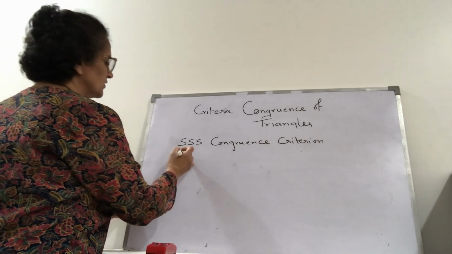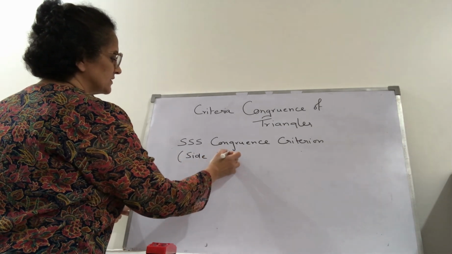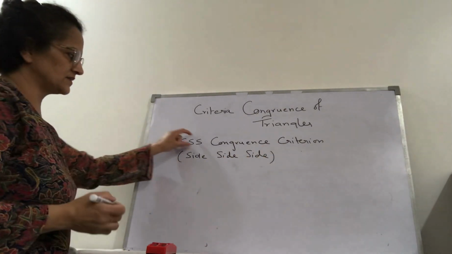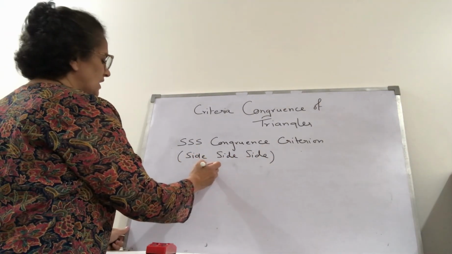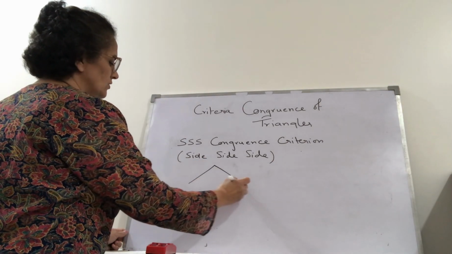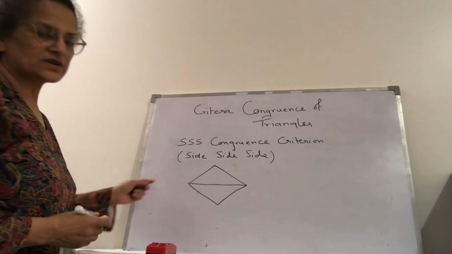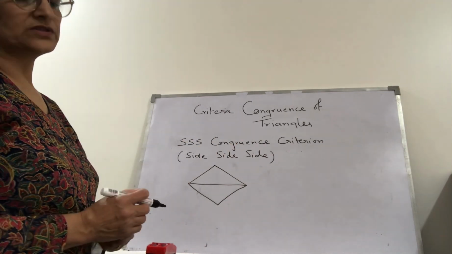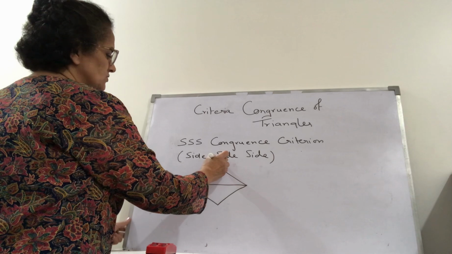SSS stands for your three sides. So let's start with an example. If I draw this, sometimes only the figure is given and sometimes even the sides are mentioned and given to you.